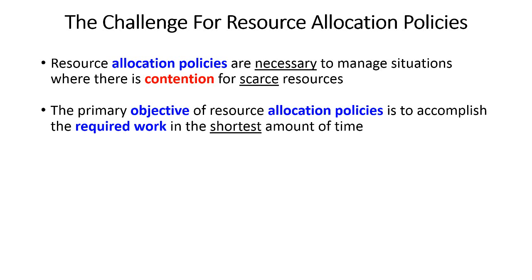The primary objective of designing resource allocation policies and executing them is to accomplish the required work. You've got a required amount of work that absolutely has to be done for a project, and you want to make sure that your allocation policies are designed in a way that results in the shortest amount of time to do the required work for your projects.